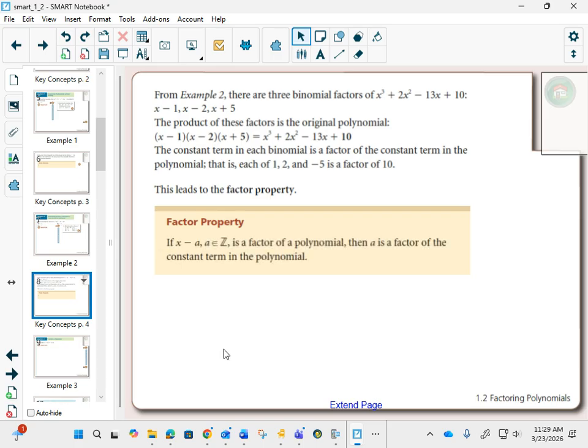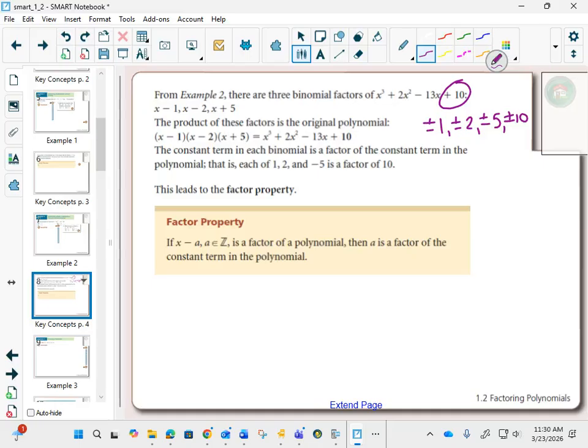is this idea of a factor property. And they give this example at the bottom. They say if you wanted to factor x cubed plus 2x squared minus 13x plus 10, look at that plus 10. The only options that multiply nicely to get 10 are 1, 2, 5, and 10.